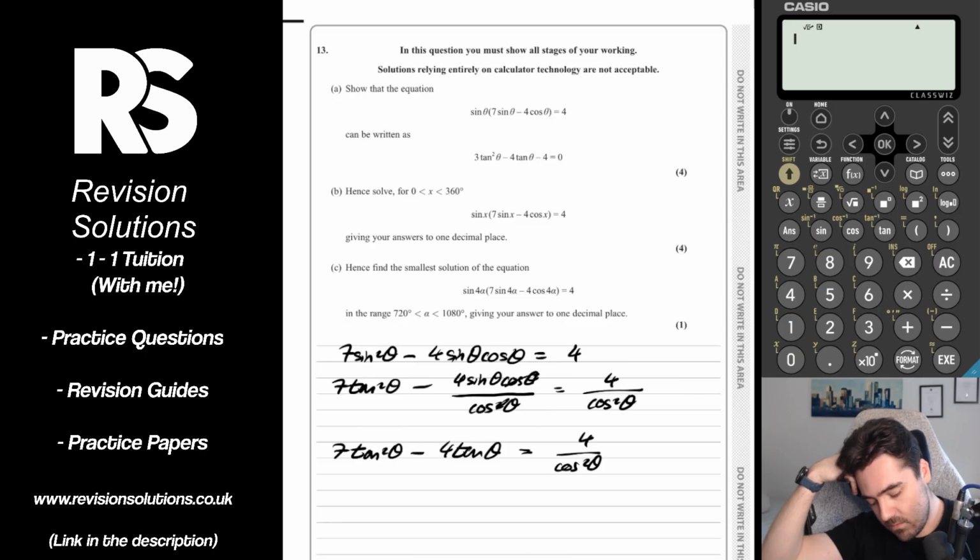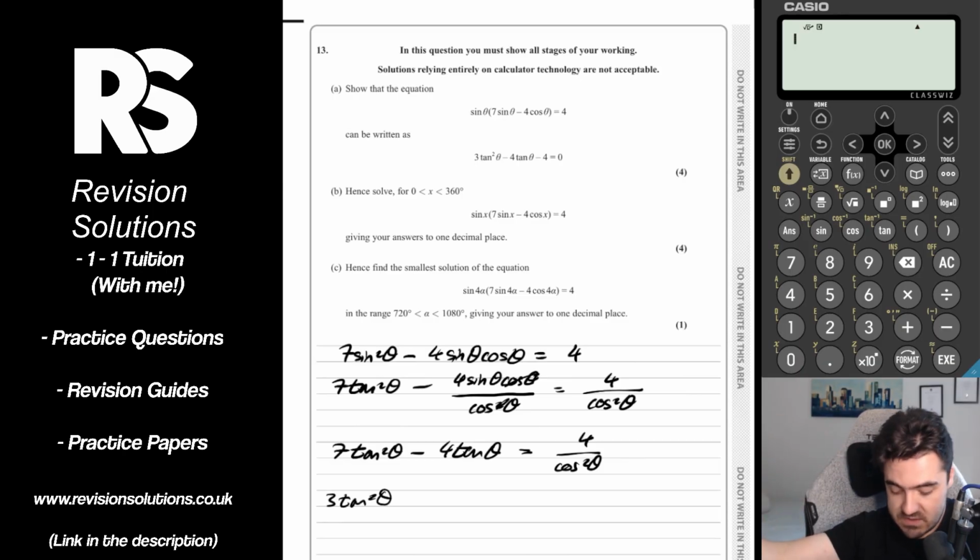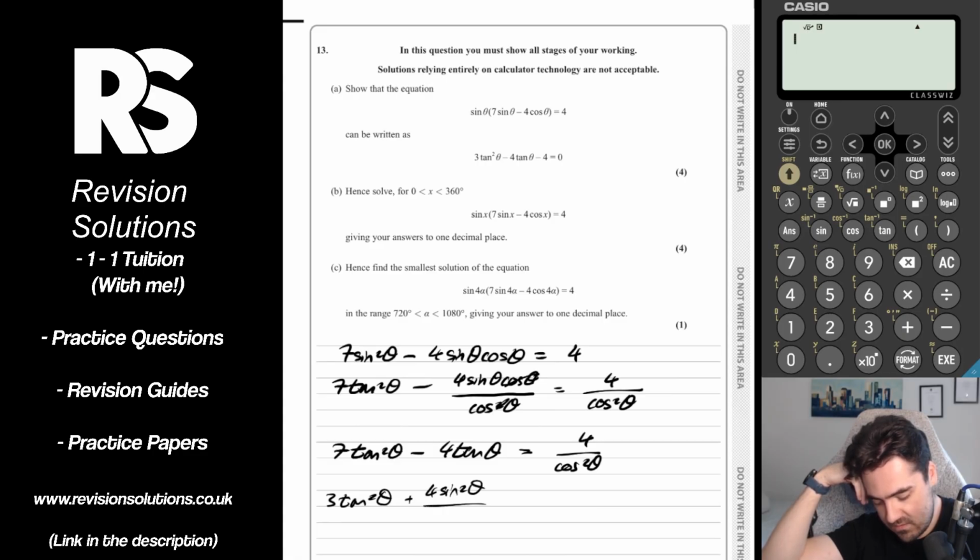What we can do is we go back to this guy and we can split him up as 3 lots of tan squared theta plus 4 lots to make 7. But I'm going to write the 4 actually as 4 sine squared theta over cos squared theta.